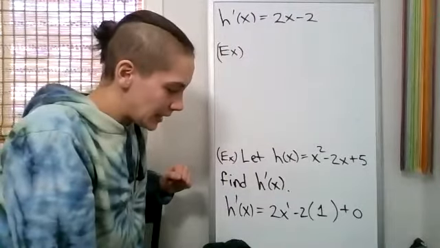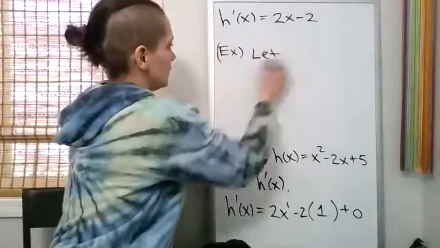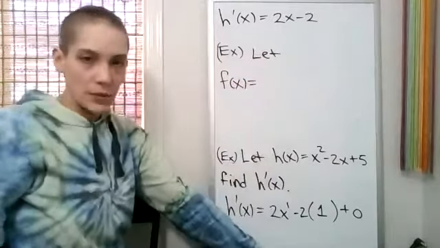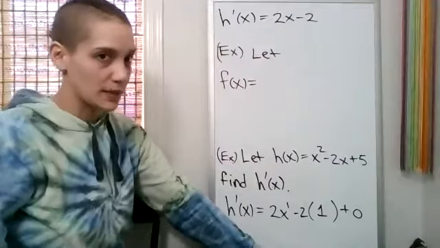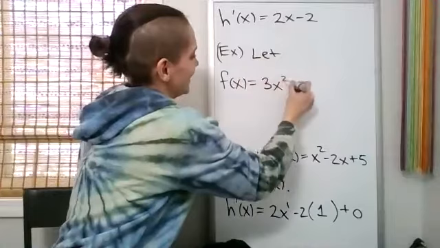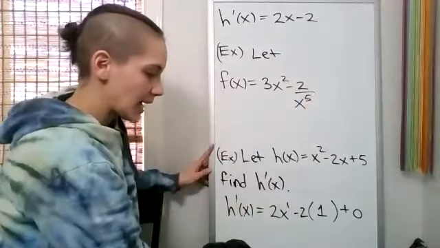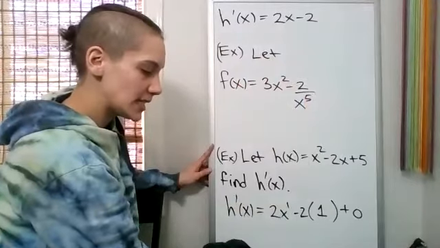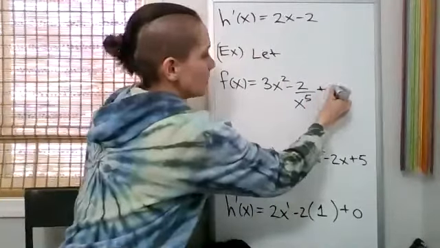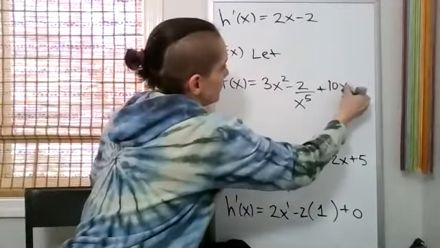Next function is f of x equal to 3x squared minus 2 over x to the 5th, and add, we're going to put 10 cubed root x. Let's make it 9. 10's fine. 10 cubed root x.